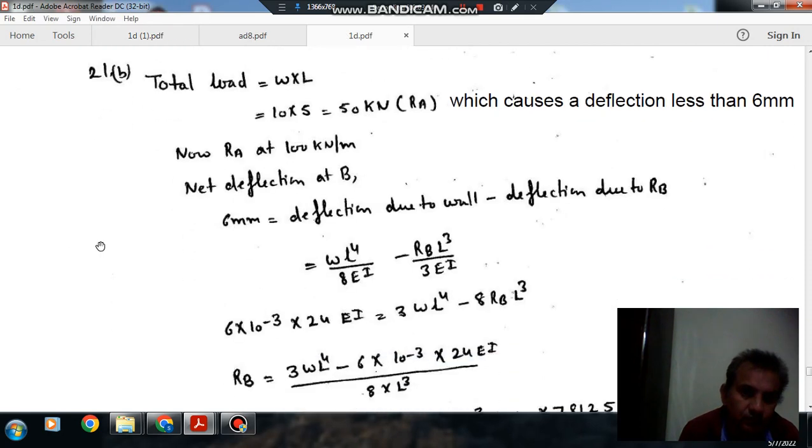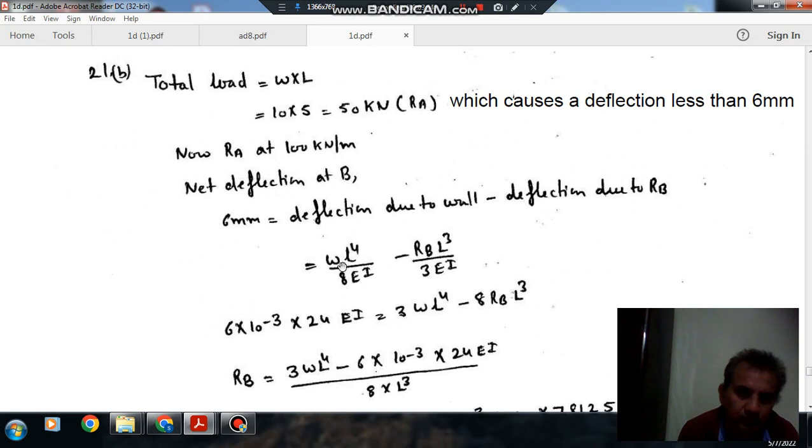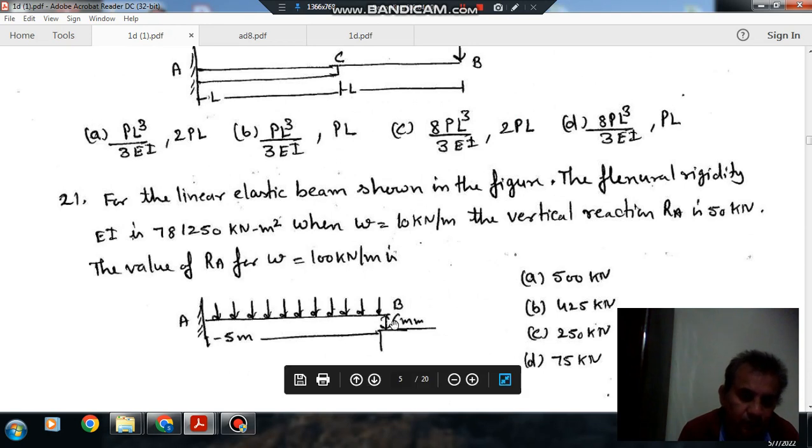Okay, so the net deflection of 6 mm is equal to the deflection due to w minus the deflection due to RB. Due to the UDL the deflection is wL to the power 4 by 8EI, and due to RB the deflection is RB L cube by 3EI, and the net deflection is 6 mm.